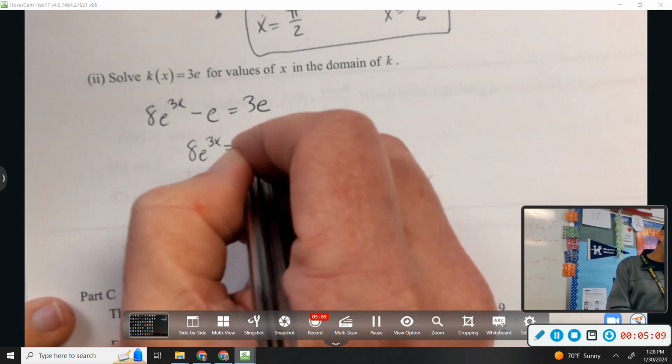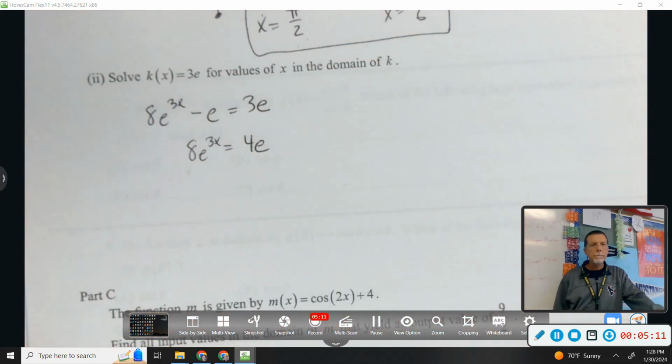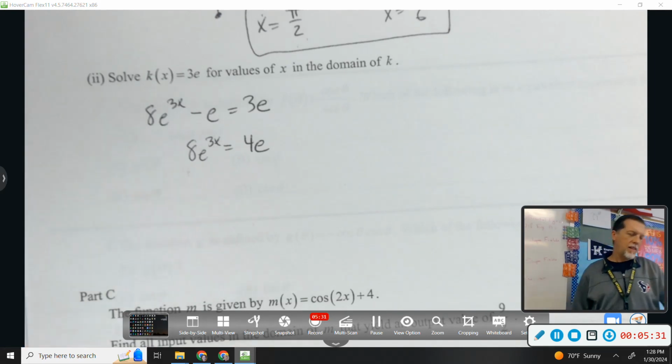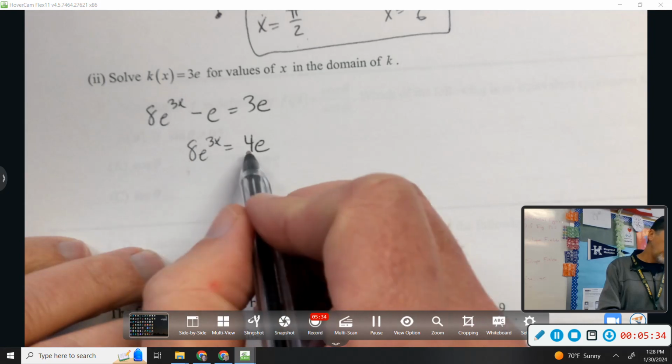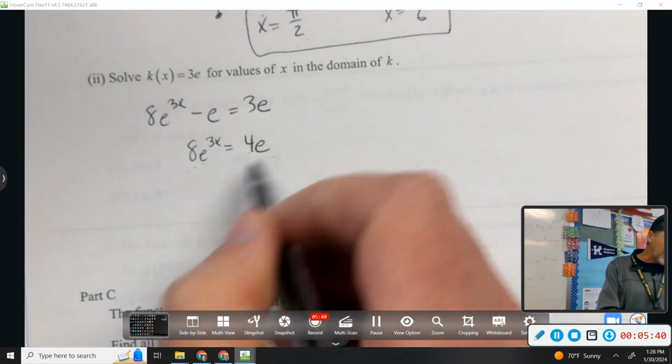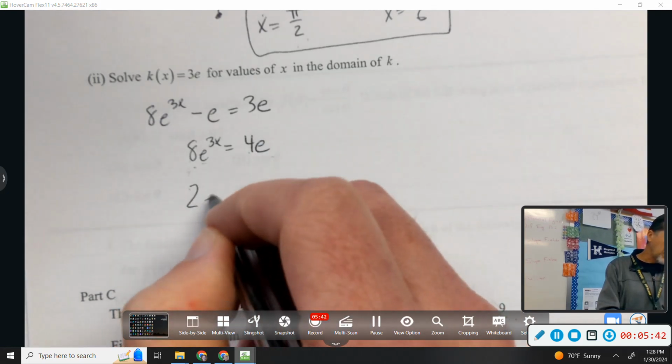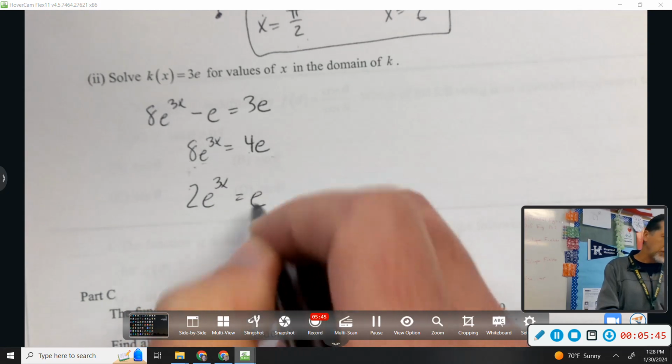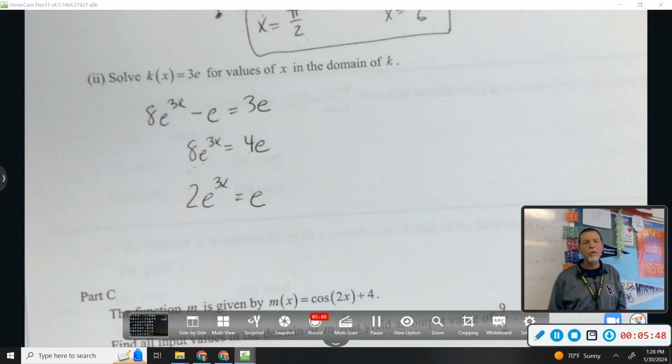But let's add e to both sides. And then, what do you want to do next? Make them both 2? Not wrong, but those e's in there aren't helping anything. I'm going to go 2e to the 3x equals e. Divide both sides by 4.